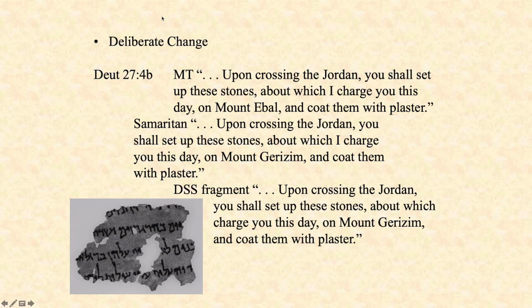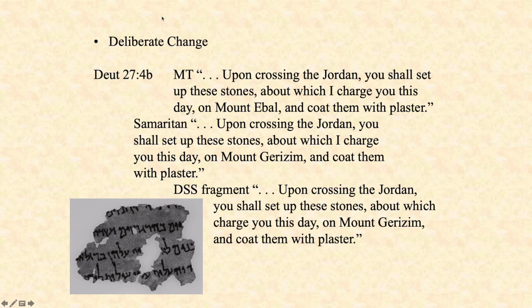Occasionally one finds a deliberate change which reflects a different tradition. So, for example, in Deuteronomy 27:4b, the Masoretic text reflects Jewish tradition in which the stones are set up on Mount Ebal, whereas the Samaritan tradition, remember in the New Testament, there's this sort of disagreement between the Jews and the Samaritans.